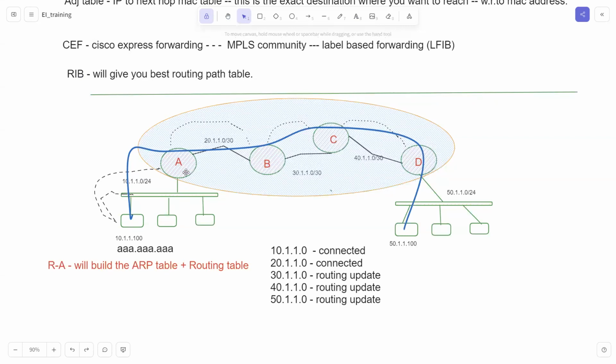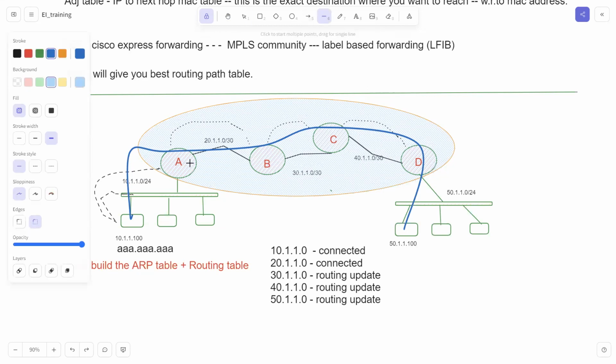Now think like this. There are two types of communication: local communication and global communication. Whenever you send a packet from this router to this router, you can't send or receive the packet unless you know the physical address.